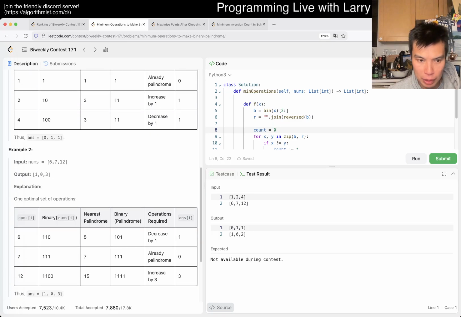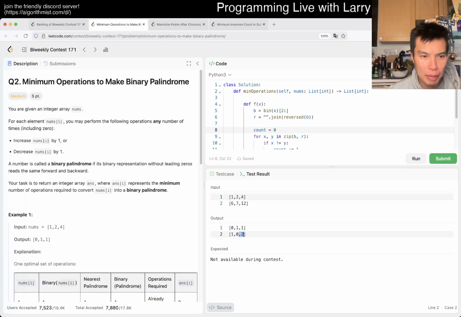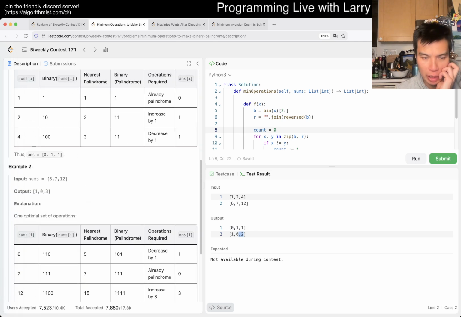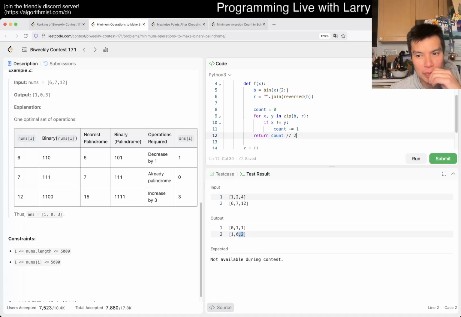Ooh, I almost messed up. Oh, huh. I messed up. I thought you could choose which digit to do it. So okay, so this is not right. And I have to think about it a little bit more.